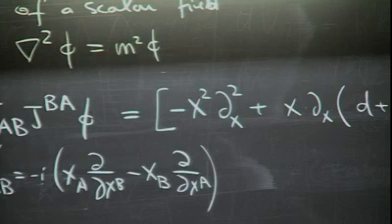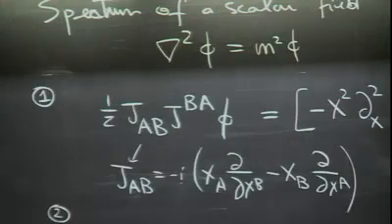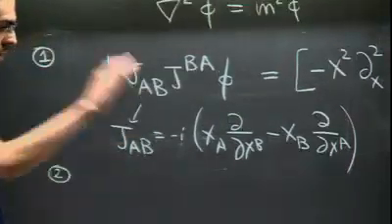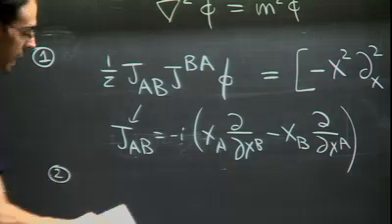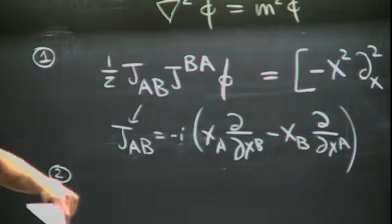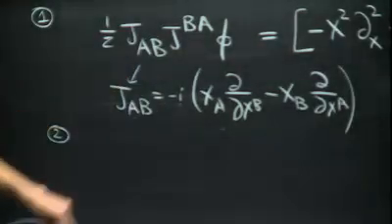Okay, so this is the first fact. The second fact that I want to use is the following. Suppose I consider this embedding space, and I foliate it with many AdS's.